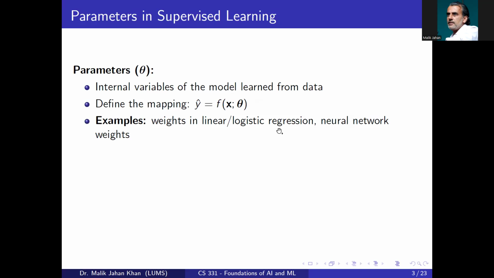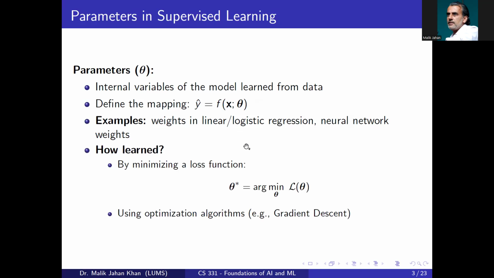These are weights which we have already explored in the context of linear and logistic regression. And in the coming days, we'll be talking about the same weights in the context of neural networks. They're learned by minimizing a loss function, which is our objective function. And theta star is the set of those weights which we have actually learned.